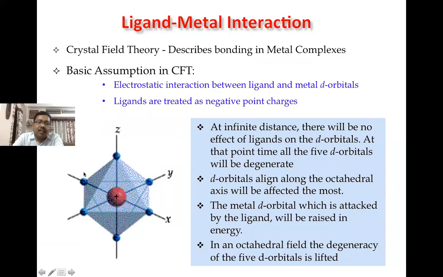These are the directions from which the ligands will approach the metal center. This is the metal center, and these are the directions from where the ligands can approach the metal center in an octahedral complex.